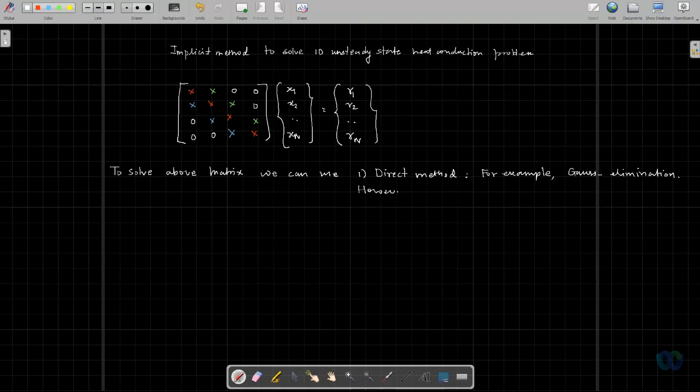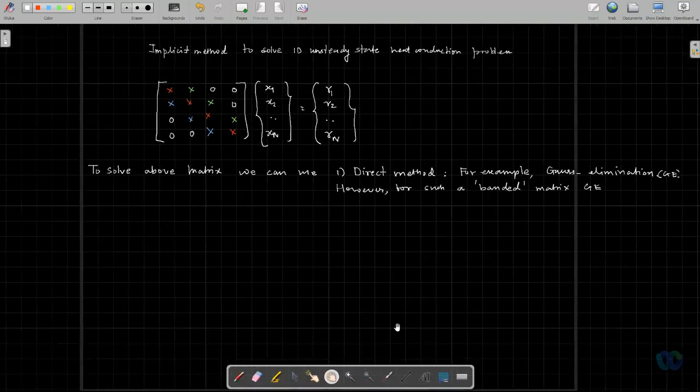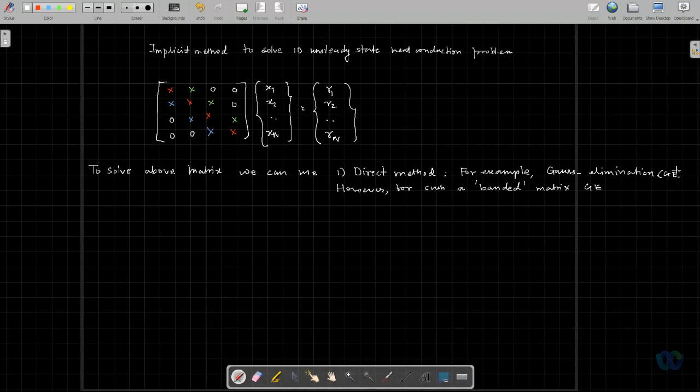For such a banded matrix, Gauss elimination is very costly.